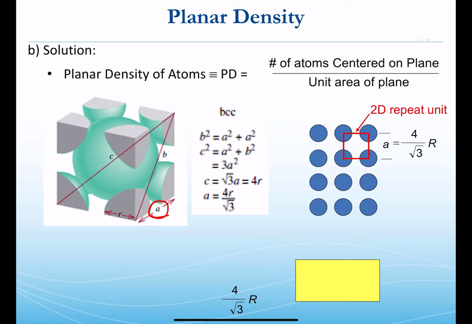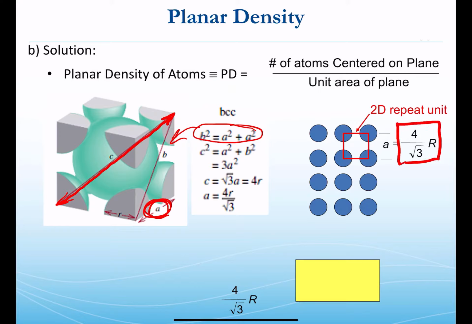So we know through Pythagoras analysis, things like that is reflected here, and that drawing there, where the packed direction where spheres are touching along that hypotenuse, that we can determine the length of A here. In short, we know that the length of A here is 4 divided by root 3 times the radius of the atom in question.